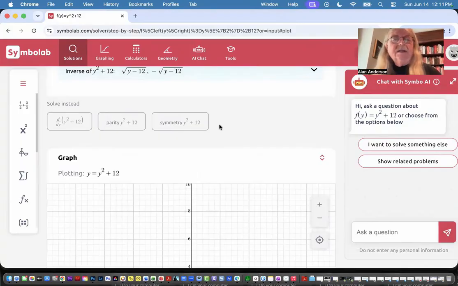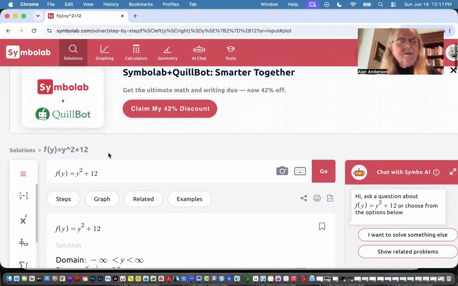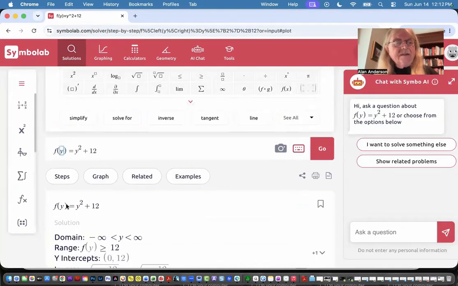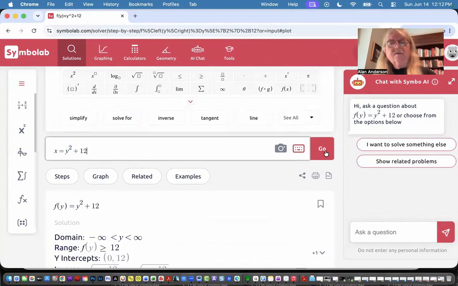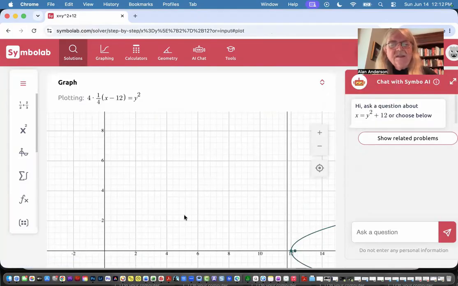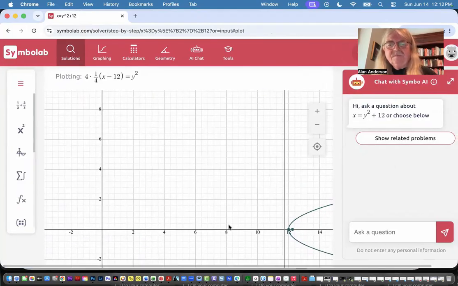See, it's not expecting that. Let me see if this is going to help. Let me change this to x and see if that helps. It was very confused. You could tell it didn't know what to do. There we go. So, wow, it's way over here on the right, isn't it?